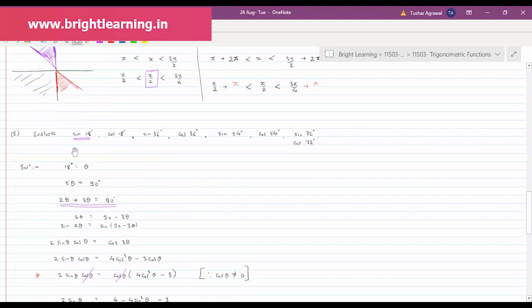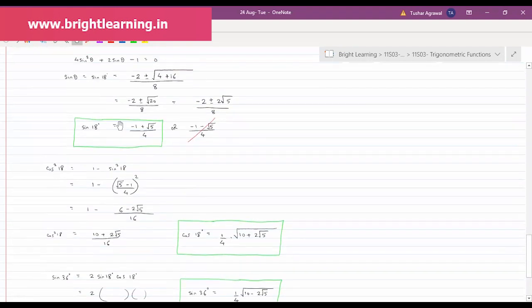See, sine 18. Can you see that this 18 degree and 72 degree are complementary angles? Yes or no? 18 plus 72 is equal to 90 degree.